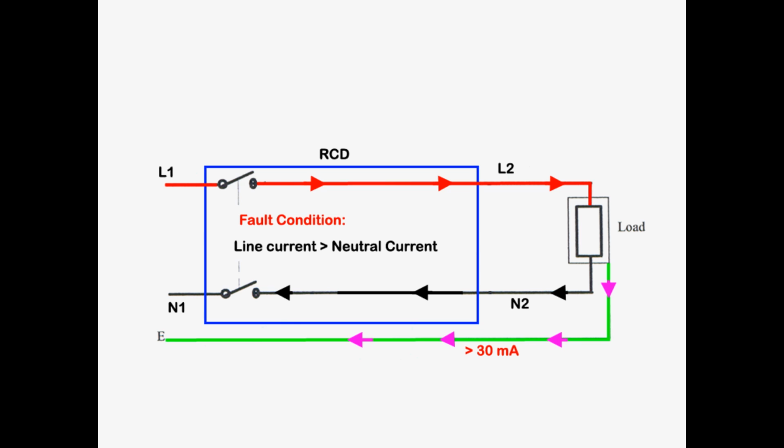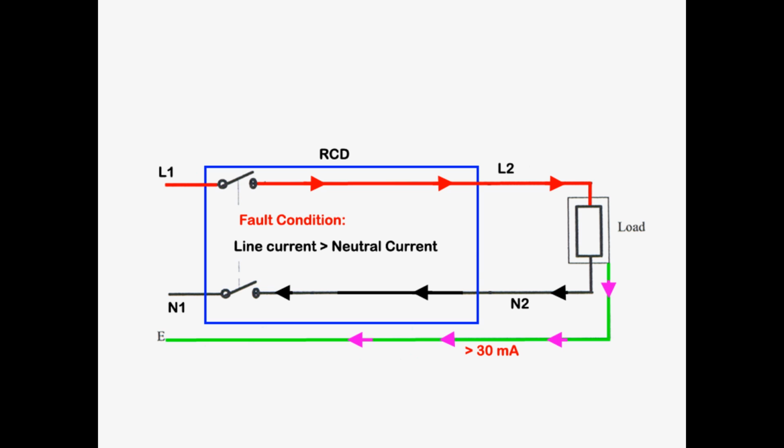For example, if the resistance in the path of the fuse is large, it is not activated, which may pose a risk of electrocution. But in the case of the RCD, we are feeding it with both line and neutral, and its only function is to compare the two currents. If the currents are not the same, it indicates a potential earth fault, and the RCD will immediately trip the circuit.